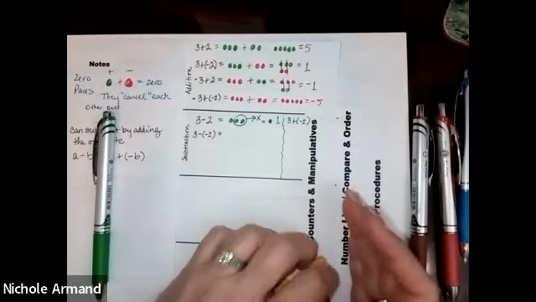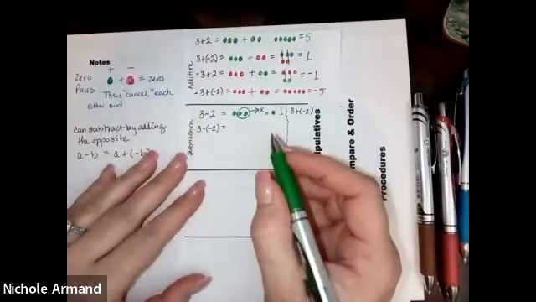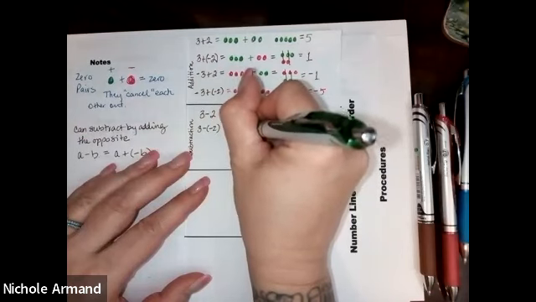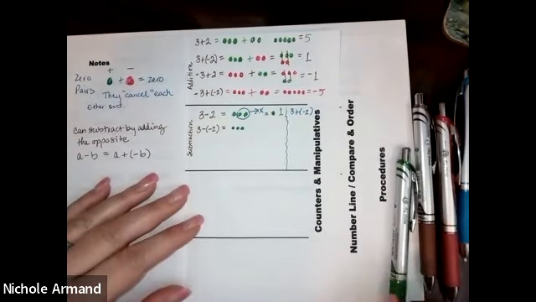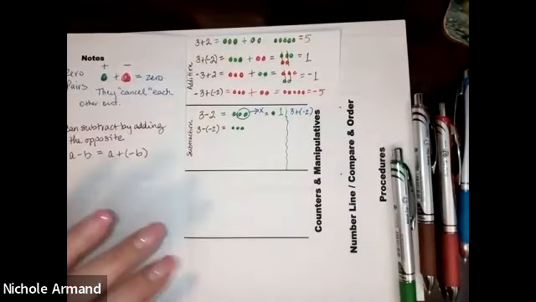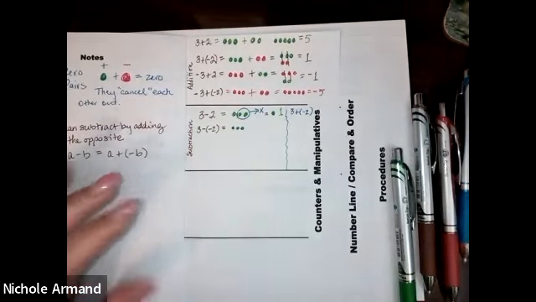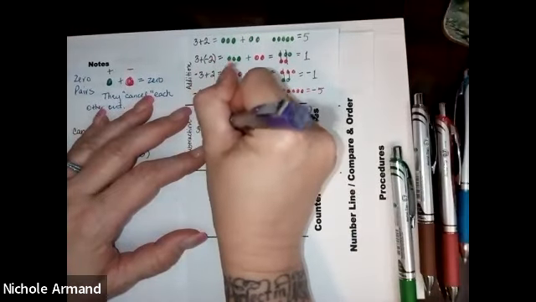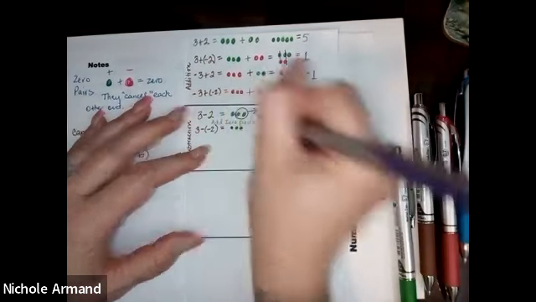So the way we work this is we draw our 3 positive counters, and then we're going to write a note here that we are going to add some zero pairs.